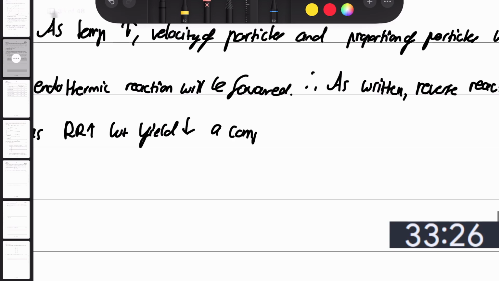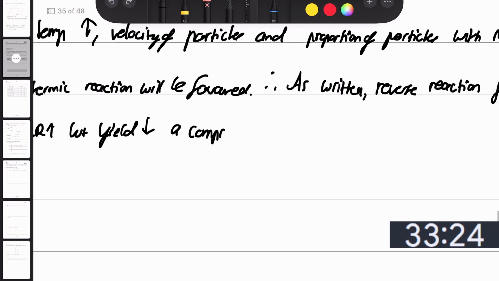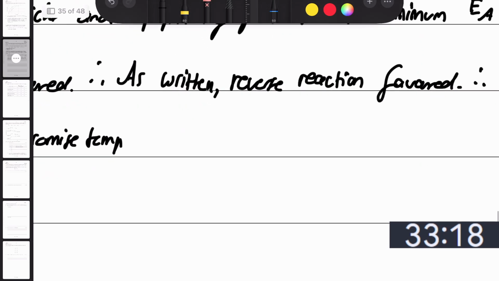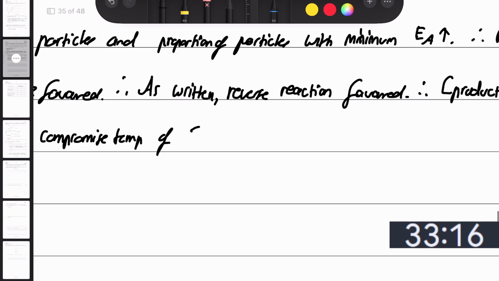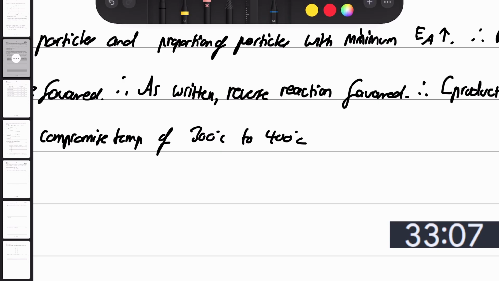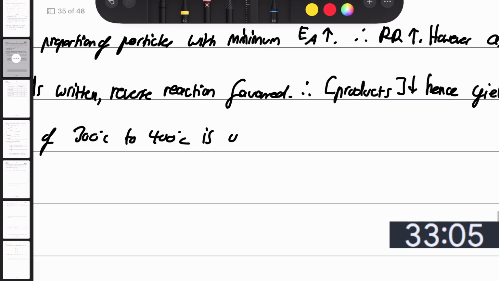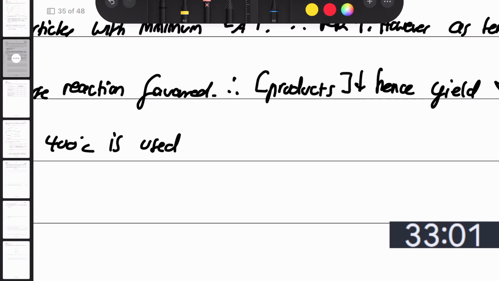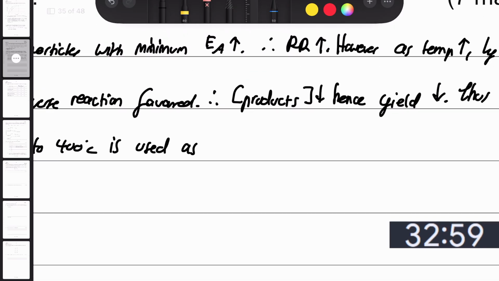A compromised temp of 300 to 400 degrees C is used.